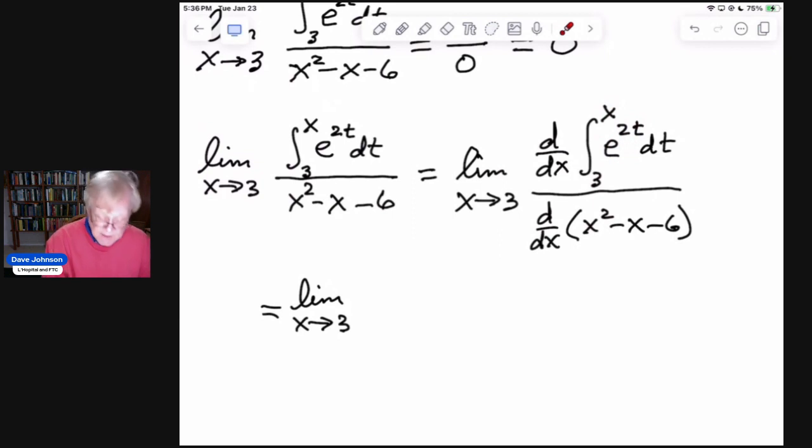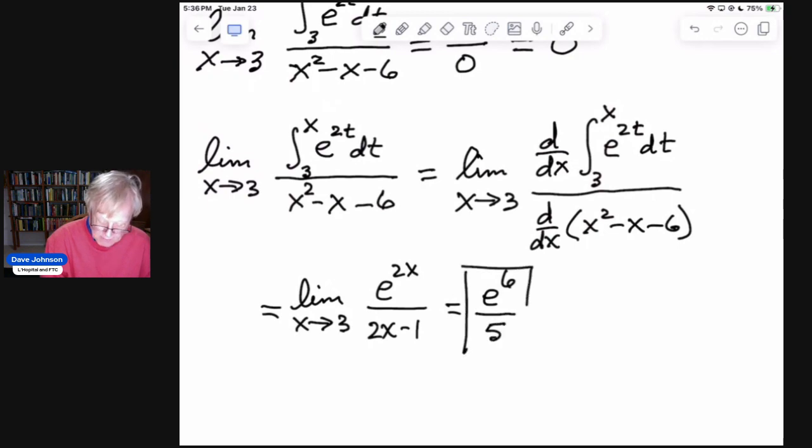So we get e to the 2x in the numerator. In the denominator, we can differentiate that polynomial, so we get 2x minus 1. And when we evaluate that limit, it's no longer indeterminate. So we get 2 times 3 is 6. So we get e to the 6 divided by 6 minus 1, which is 5.